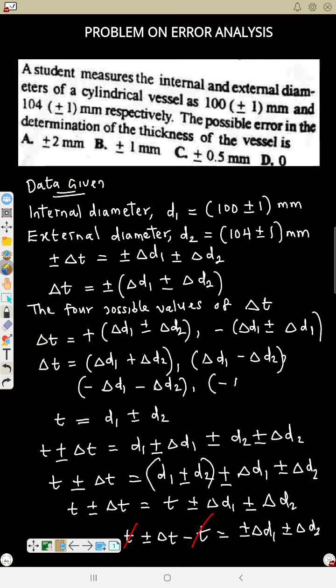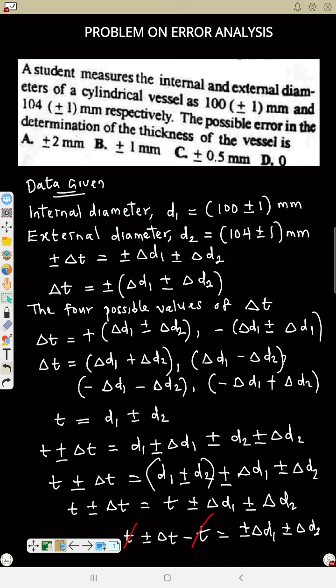Can also have minus delta d1 plus delta d2. Now these are the four possible values of absolute error in the measurement of the thickness.